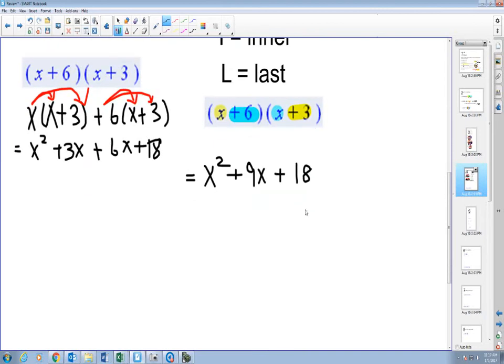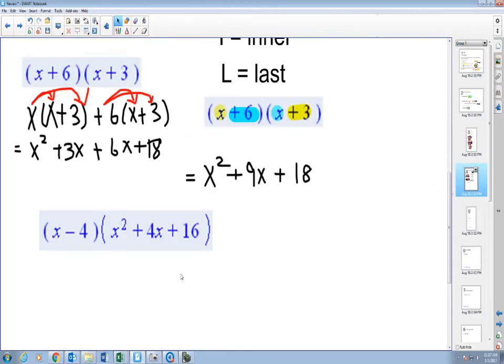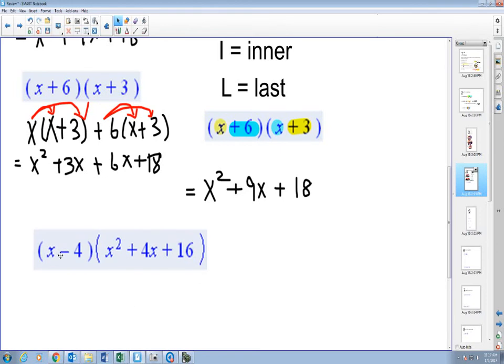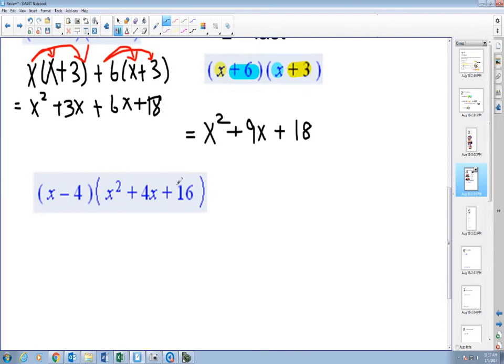All right, now a little bit bigger problem like this one, you will have to write it out. This is a 2-term times a 3-term, so we need to work this one out. This is not a shortcut problem. So just like FOIL method is basically a distribution of x times these 3 terms in the back, then negative 4 times those 3 terms.